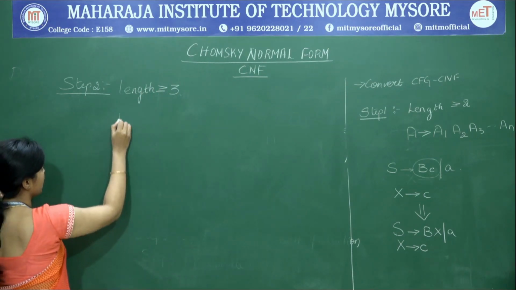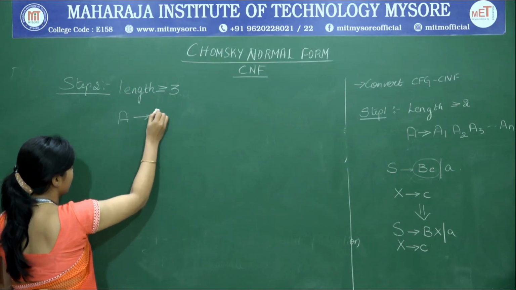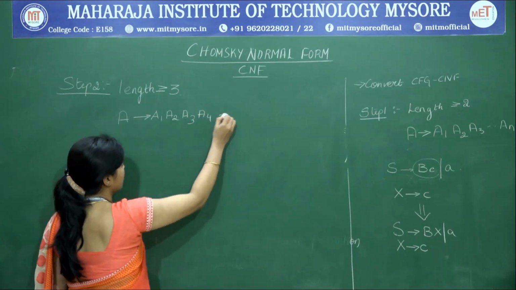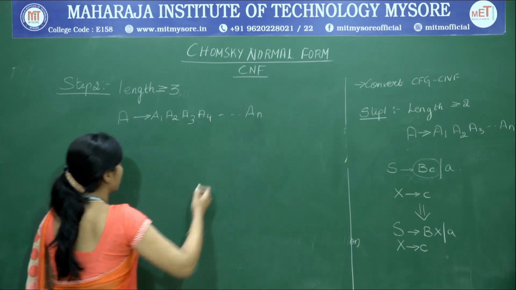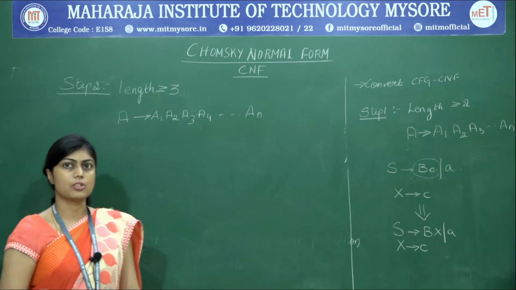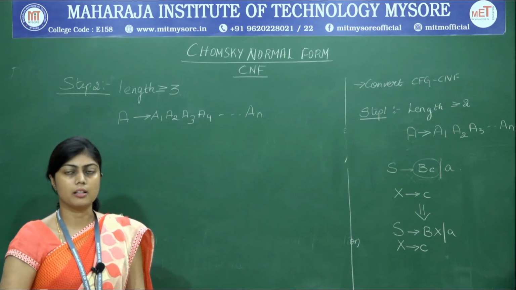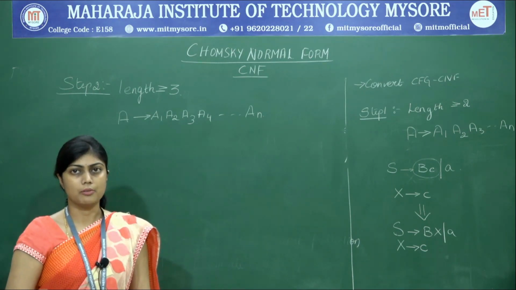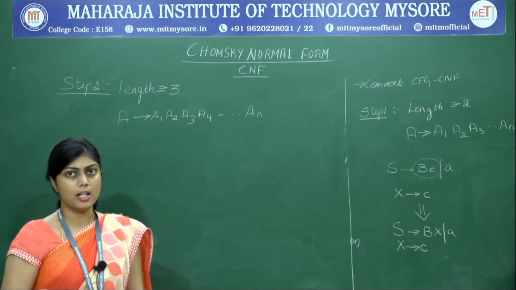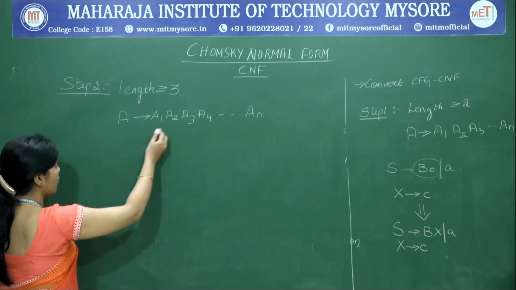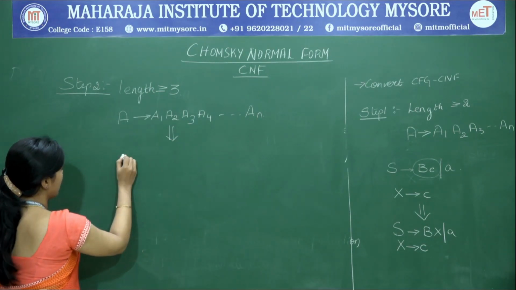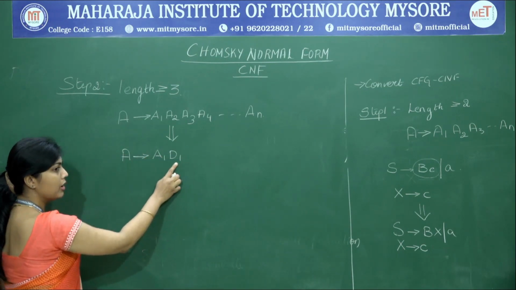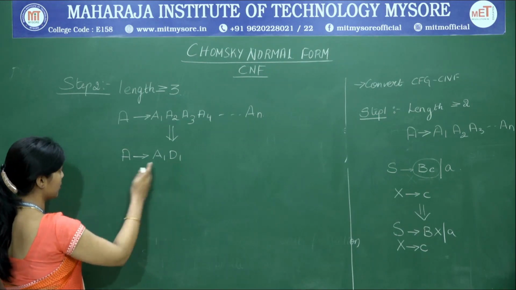So, in these productions which are in the form of A goes to A1, A2, A3, A4 up to some AN, we are going to introduce some new variables such that the length does not remain greater than or equal to 3, because the maximum length which is allowed in the CNF form is just 2 symbols on the RHS. So, we are going to convert this into the format of A goes to A1 D1, where D1 is the new variable that we are introducing.